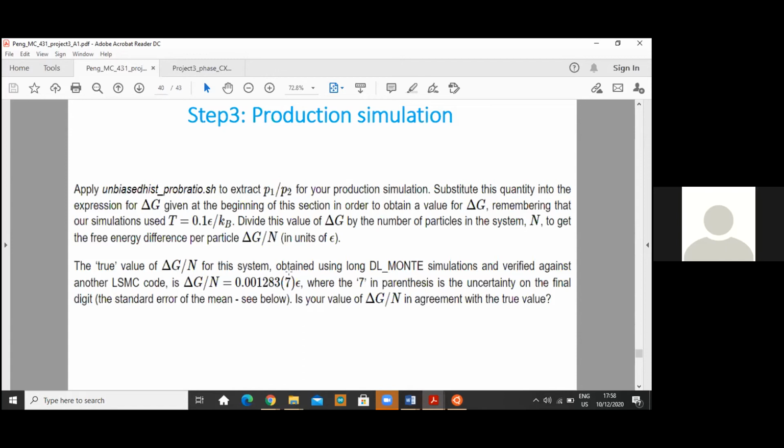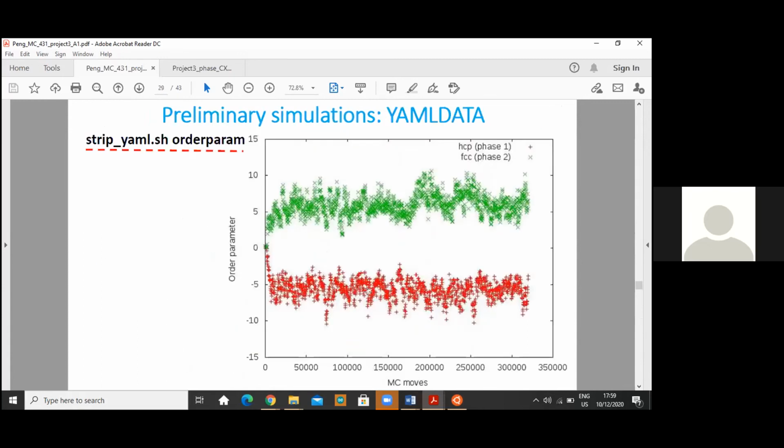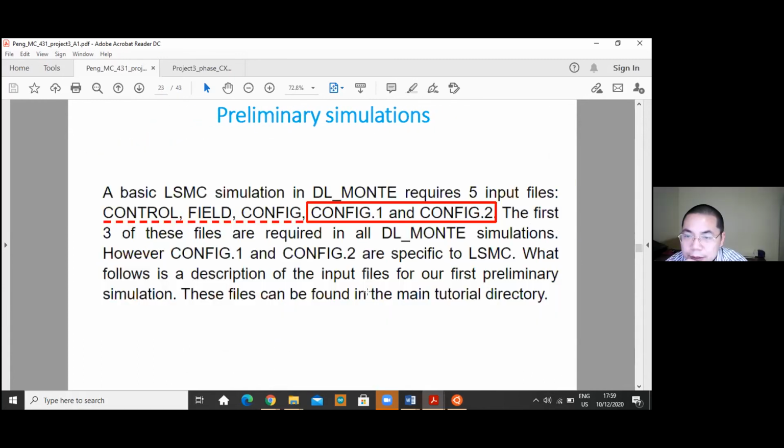But here, Doctor, what does 7 mean here? I have read that 7 is the parenthesis in the uncertainty. Do you mean the range we found before, like minus 15 to 15, that we found in the first step? No, it's not.